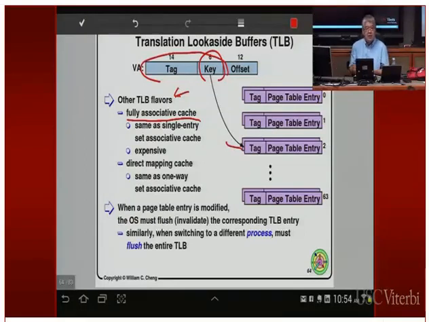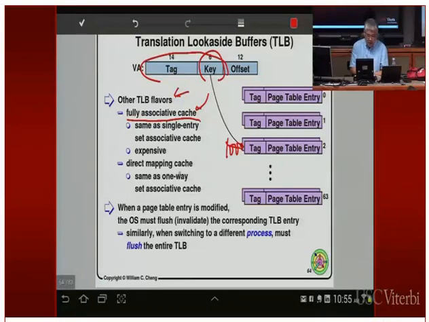Depending on how big your translation look-aside buffer is, you might have, I don't know, 1,000 entries over here, and you will be able to do all the comparison of 1,000 entries in parallel. Clearly this is very, very expensive to do inside hardware, so usually you don't see a fully associative cache.